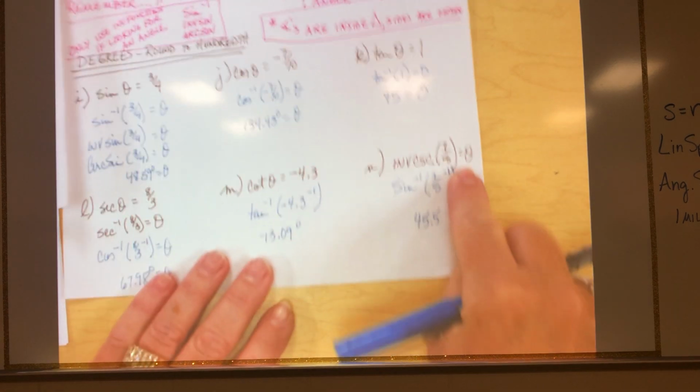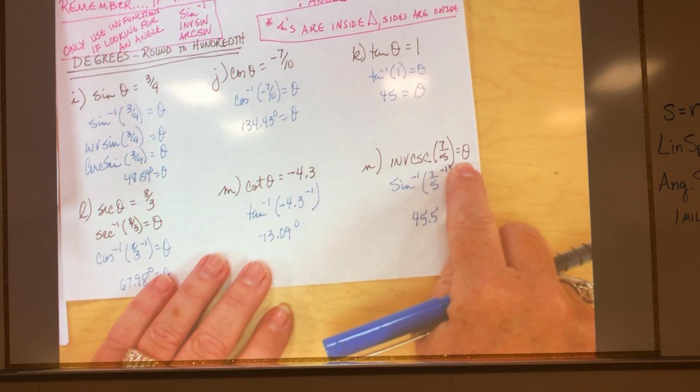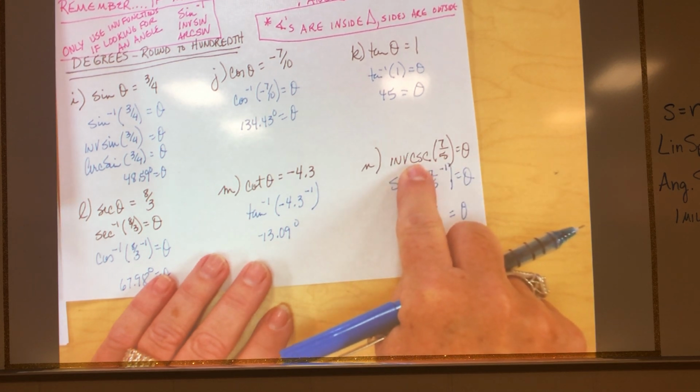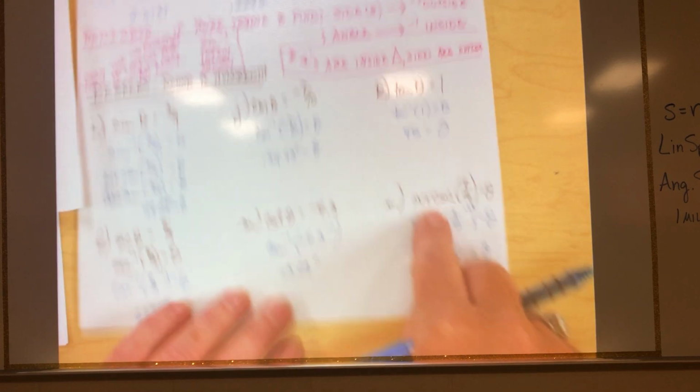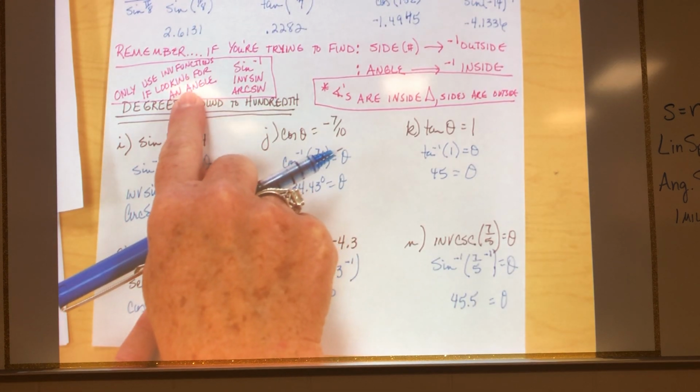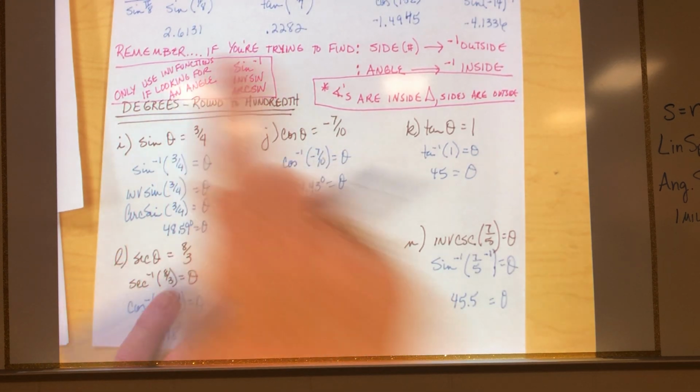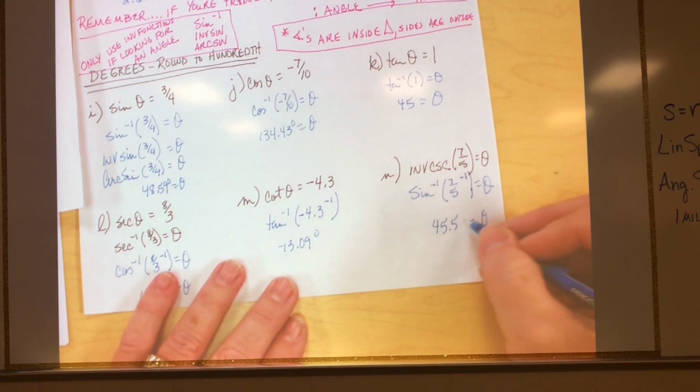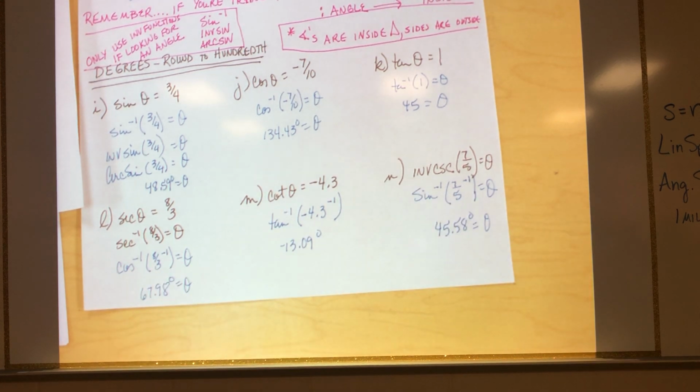How do I know it's an angle? I'm looking for a theta, and you're using an inverse function. The only time you use an inverse function is when you're looking for an angle. Okay? So 45.58 degrees. Anybody got a question? No, everybody good? Okay.